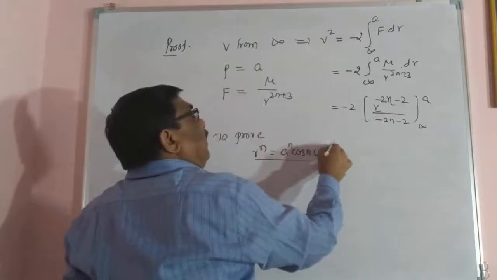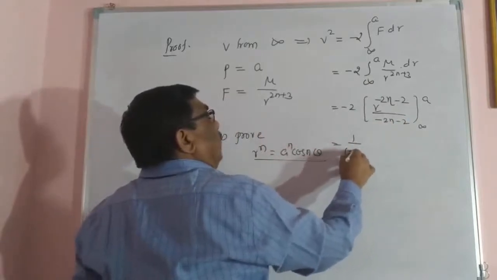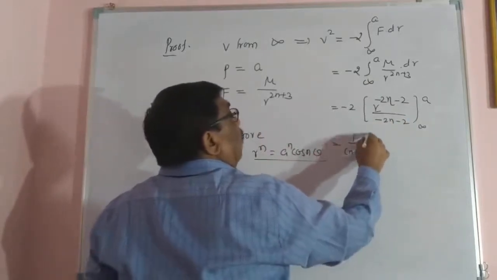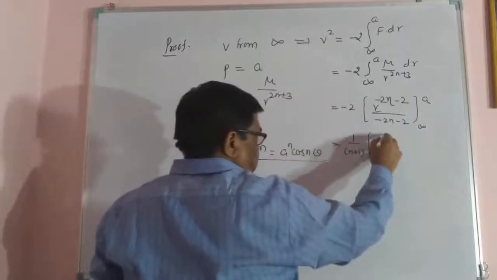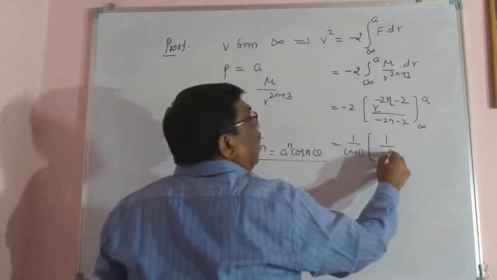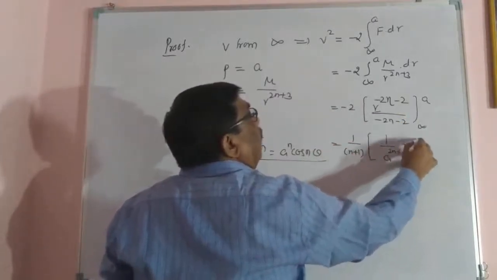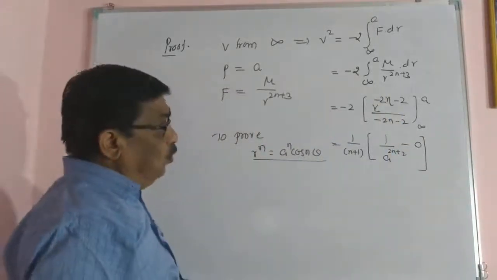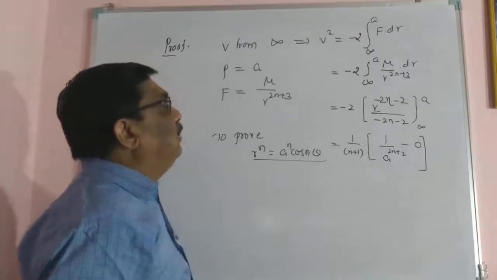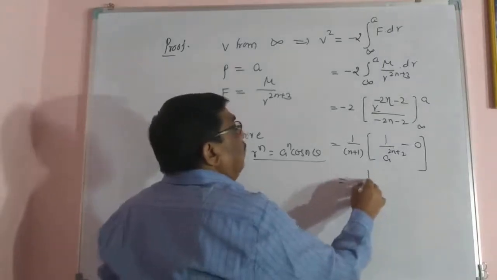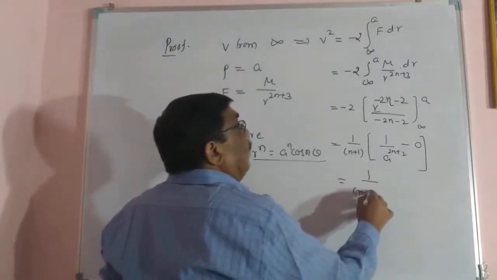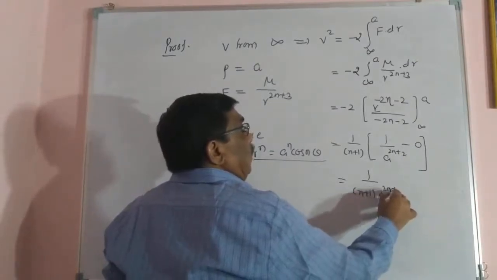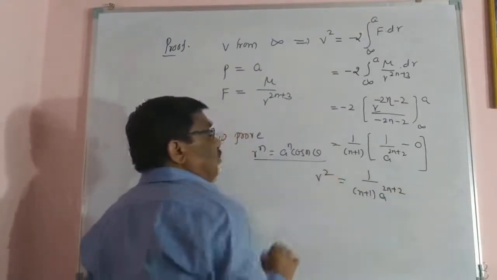Minus 2 is common, that cancels, 1 upon n plus 1 into, when I put the upper limit, a raised to 2n plus 2, and lower limit infinity, 1 by r raised to 2n plus 2, where r is infinity, so it becomes 0. It is 1 upon n plus 1 into a raised to 2n plus 2. This is velocity square.